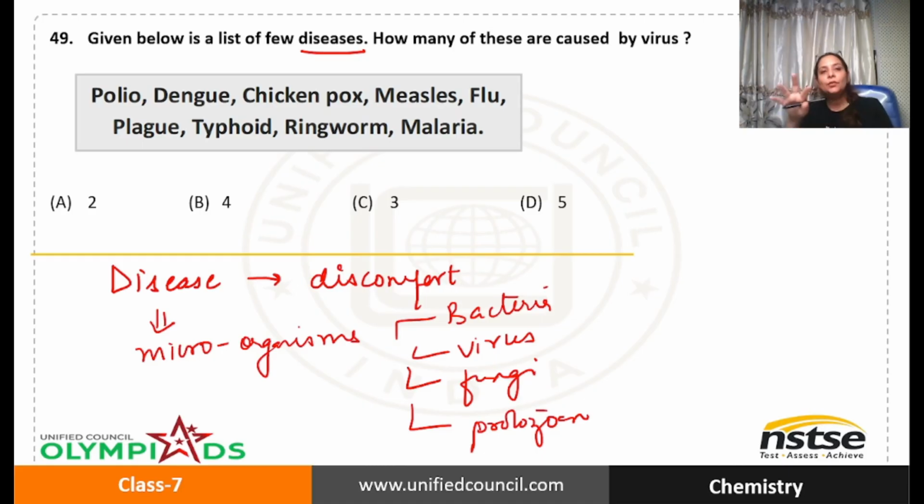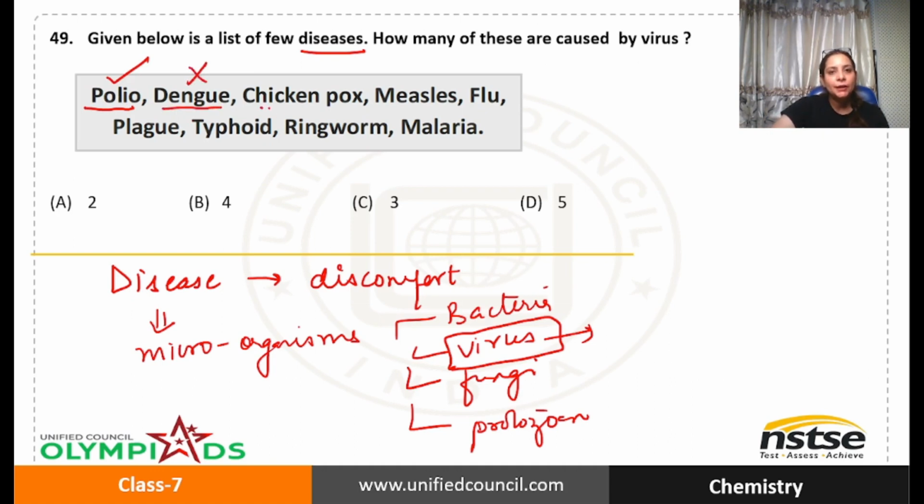Now here we have few diseases already given. We need to identify those diseases which are caused by virus. I hope you all know about virus. Virus is the only microorganism which is dead but becomes living as it gets the host cell. So basically the diseases which are caused by virus: polio, yes, it is caused by virus. Chickenpox is caused by virus. Measles, dengue is also caused by virus.